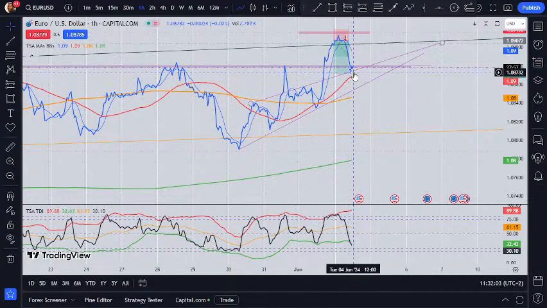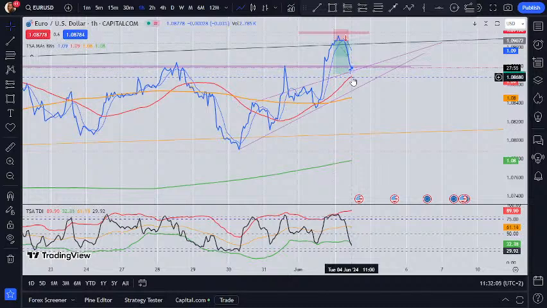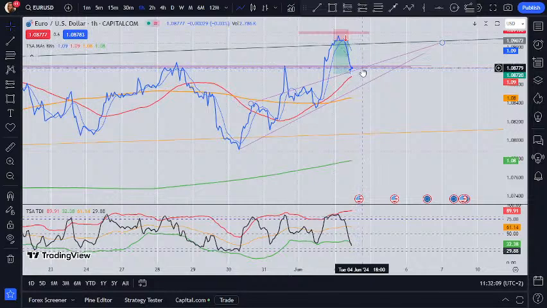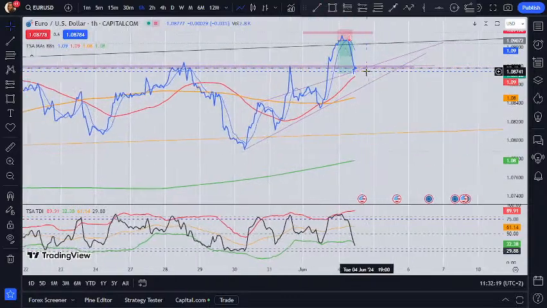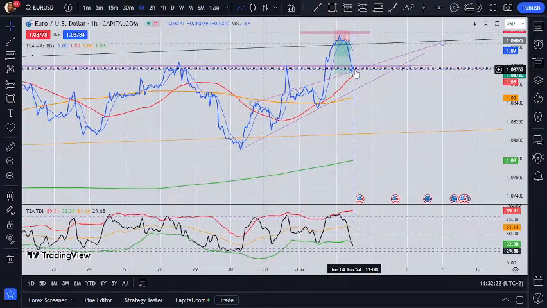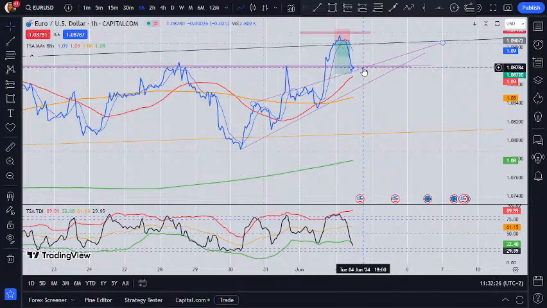So if the current trend continues, they meet somewhere here. Okay, what can I use? Somewhere there, we'll see.